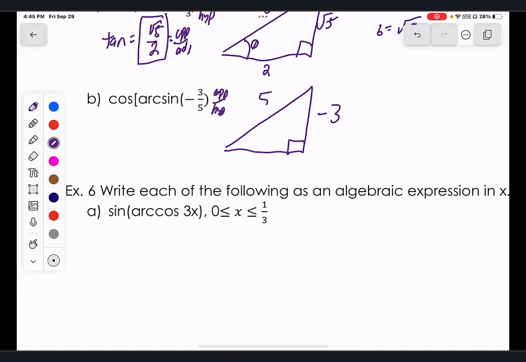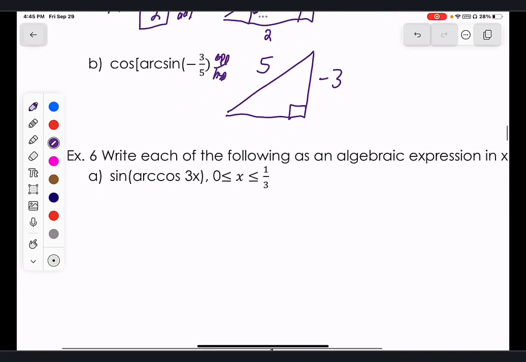Our hypotenuse will be 5. And we know that this is a 3, 4, 5 triangle, so this has to be 4. And so now we'll just do our cosine. Our cosine of theta is going to be adjacent over hypotenuse, or 4 over 5.